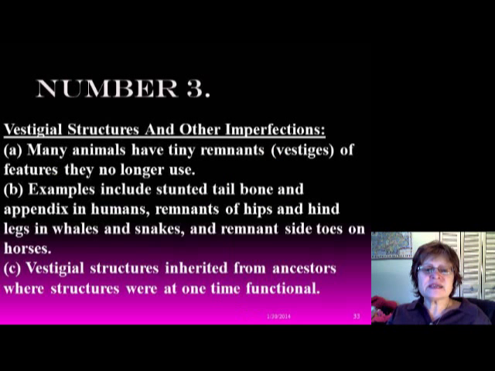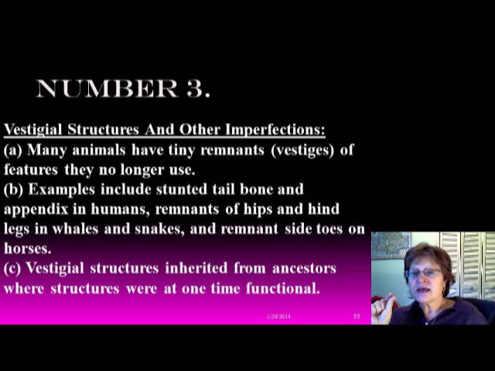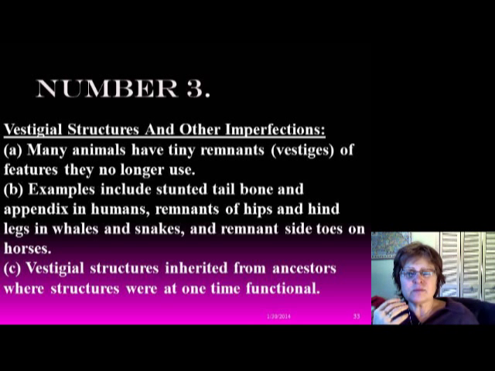Number 3 is vestigial structures, and vestigial structures means that there are a lot of animals which have teeny tiny remnants, we call them vestiges, of parts which they don't use anymore. One good example in humans is our tailbone. You know that we have tailbones, especially when you have fallen on it.